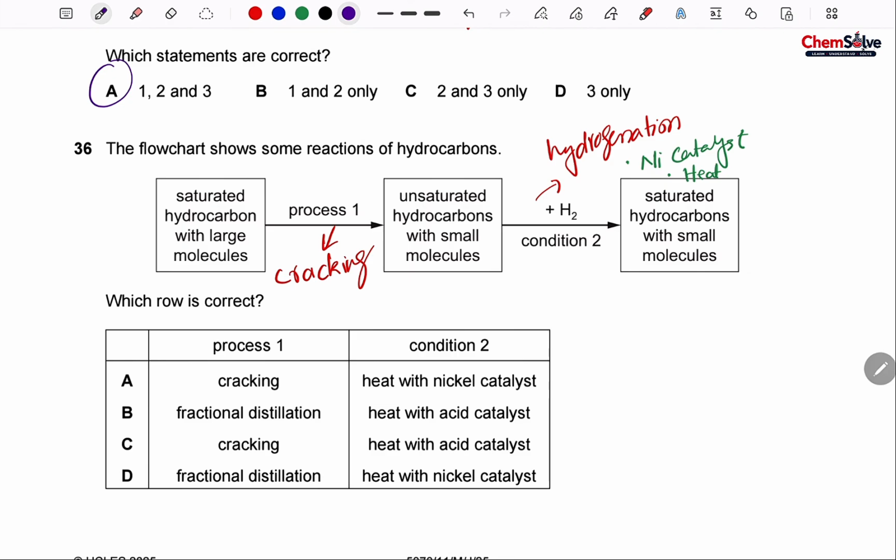So the correct statement is not B, that is fractional distillation, not D. So we have to compete between A and C, and A is the correct one, because it says the conditions in the second process are nickel as a catalyst and heat, and not heating with the acid.